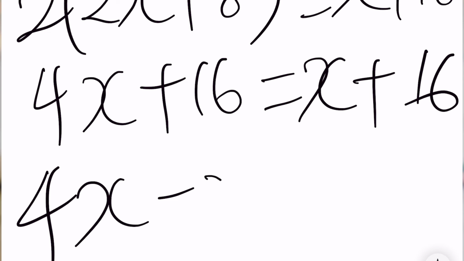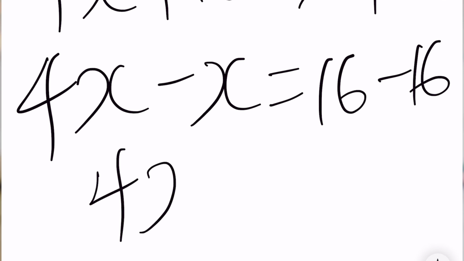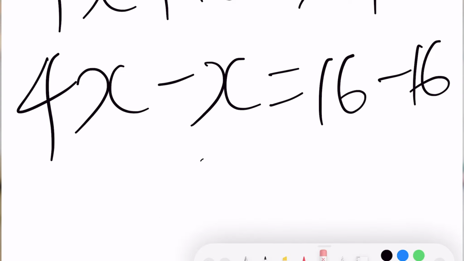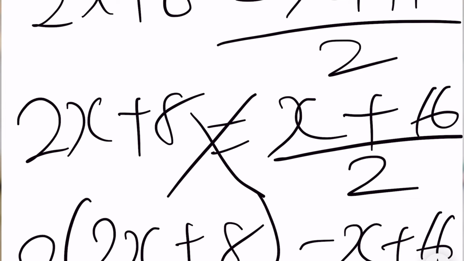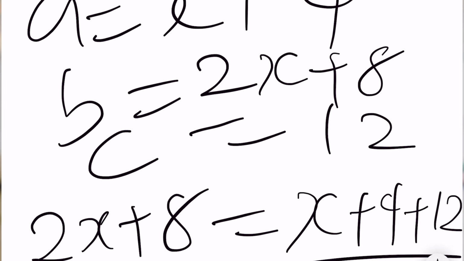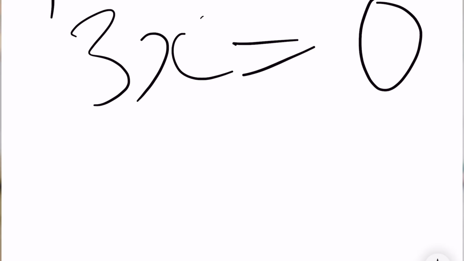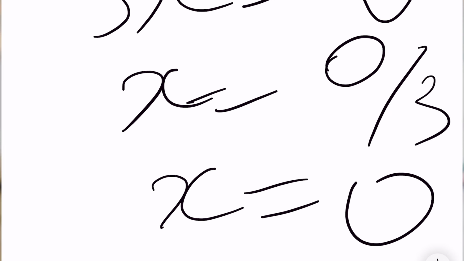We have 4x minus x, 16 minus 16, so we have 3x equals 0. So our x is now 0 divided by 3, and our x is 0.